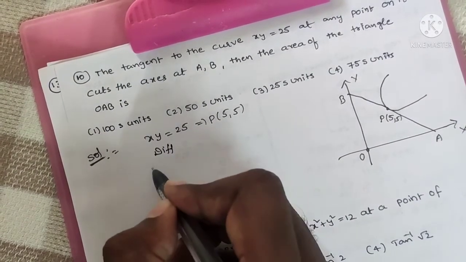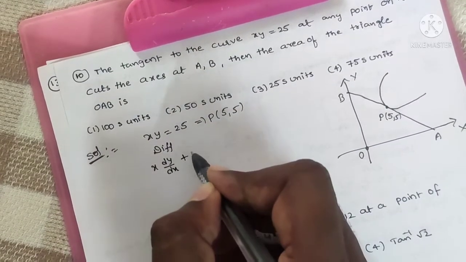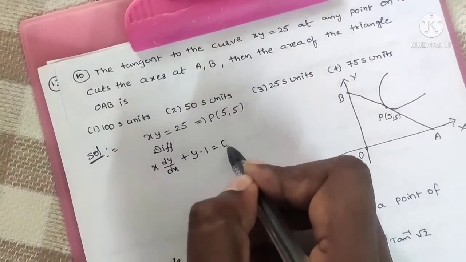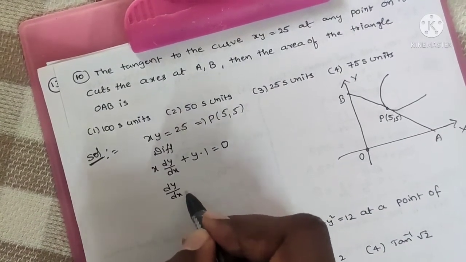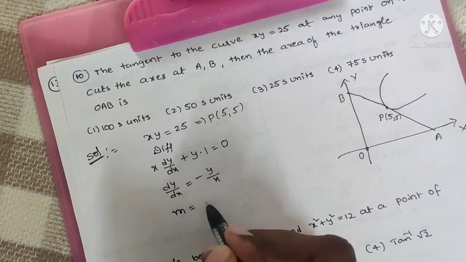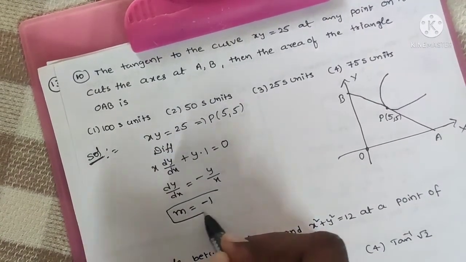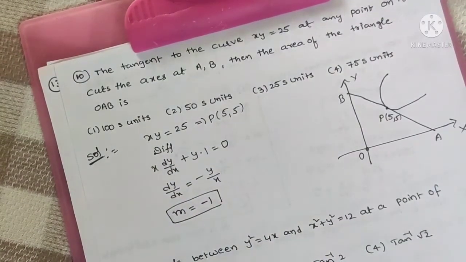Then what will we get? x into the derivative of y, dy by dx, plus y into the derivative of x, 1, constant derivative 0. Then dy by dx is equal to minus y by x, and both are 5 by 5, which cancel, giving minus 1, because it makes equal intercepts.